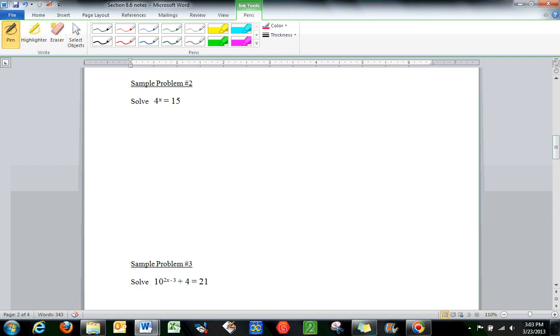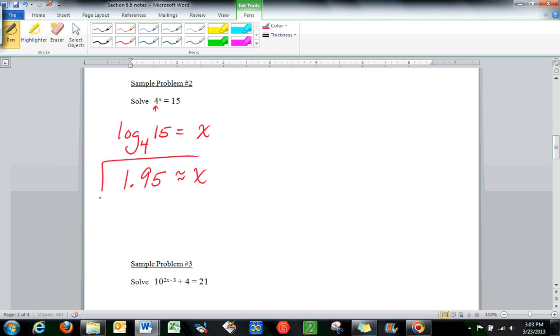Okay, so if we simply do a rewrite here, I know that my log is going to have the same base as my exponent, so it's going to be log base 4. The exponent, x, is going to move to the other side, so this is going to be log base 4 of 15, and that's going to equal the exponent x. And now what I'm going to do is simply ask you to punch that in your calculator and come up with an approximated value.